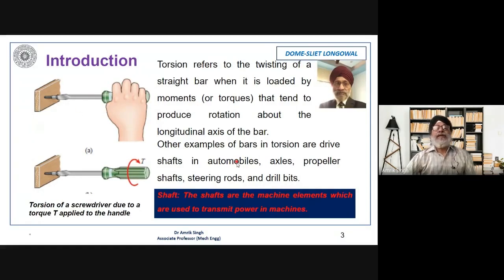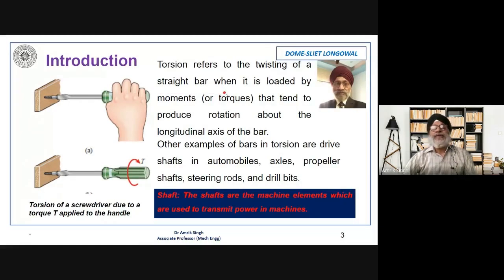Other examples of a bar in torsion are the drive shaft of automobiles. You know that there is an engine in the front and the wheels are at the back side, and from the engine to the wheel we are transferring the power through the torsion shaft.